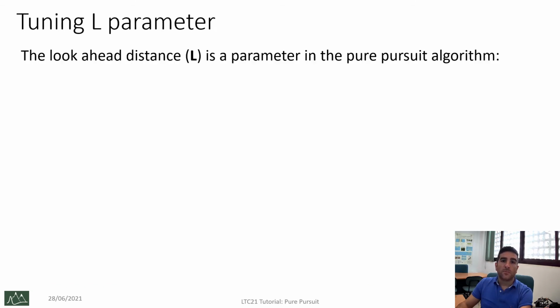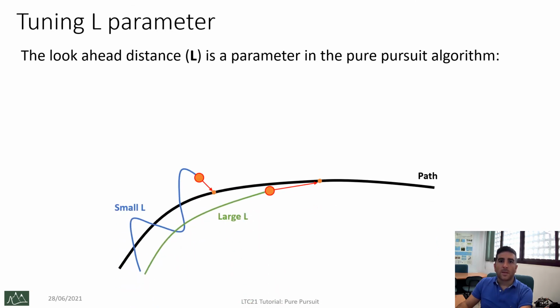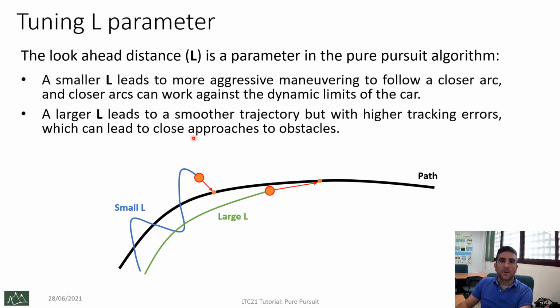As we mentioned before, the look-ahead distance L is a parameter of this algorithm. In this figure, we can see an interpretation for a smaller value of L and large values of this parameter. A smaller L leads to more aggressive maneuvering to follow a closer arc.